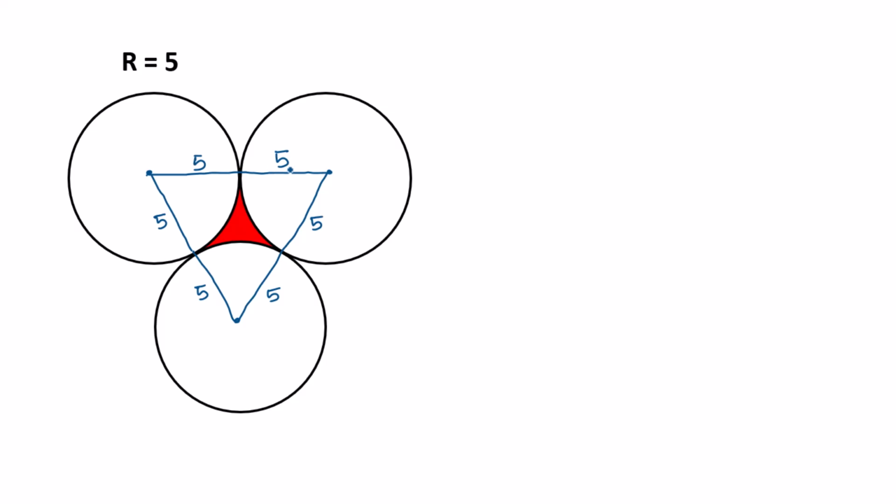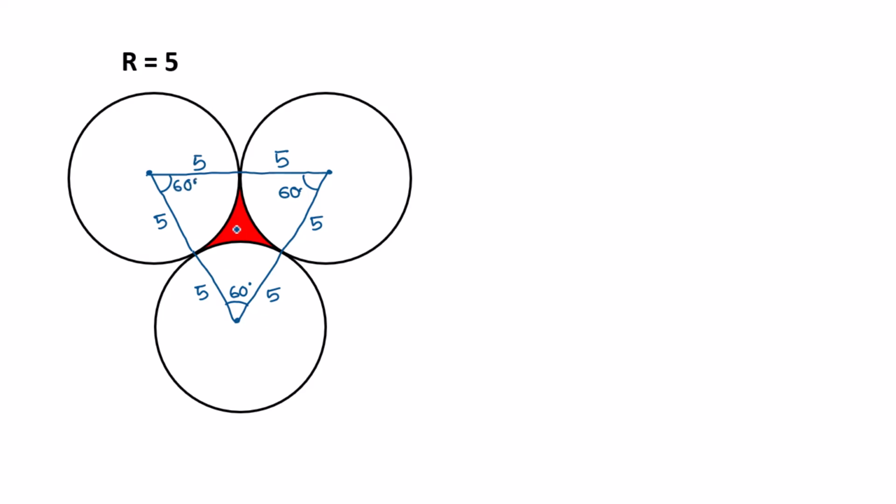So the side length of this triangle is 10 units, and as the three sides of this triangle are the same, all of the angles are equal, and the angle is 60 degrees, and this is also 60 degrees, and this is 60 degrees.